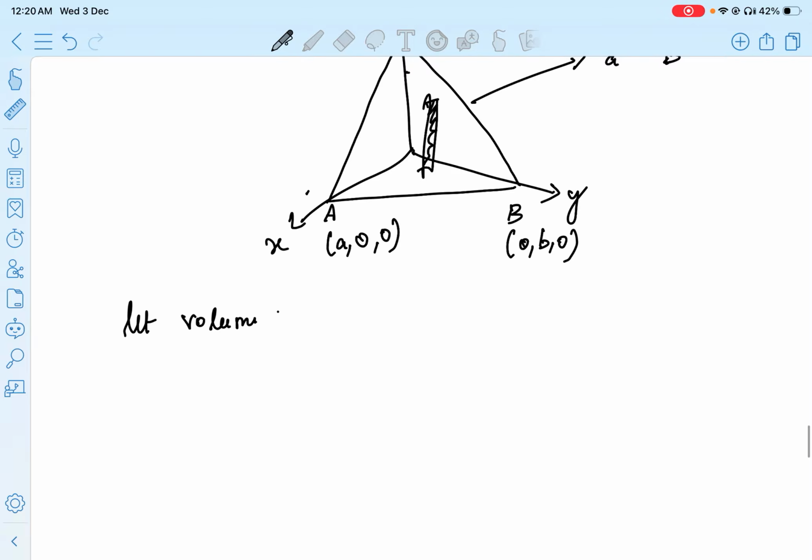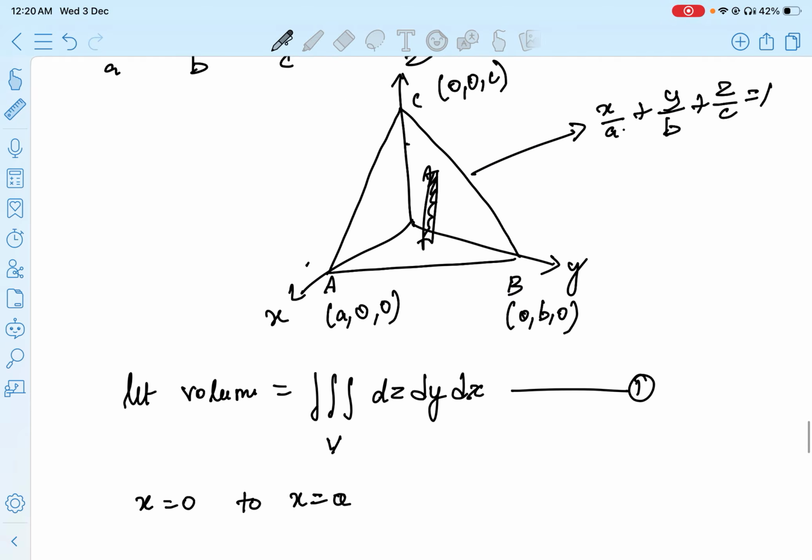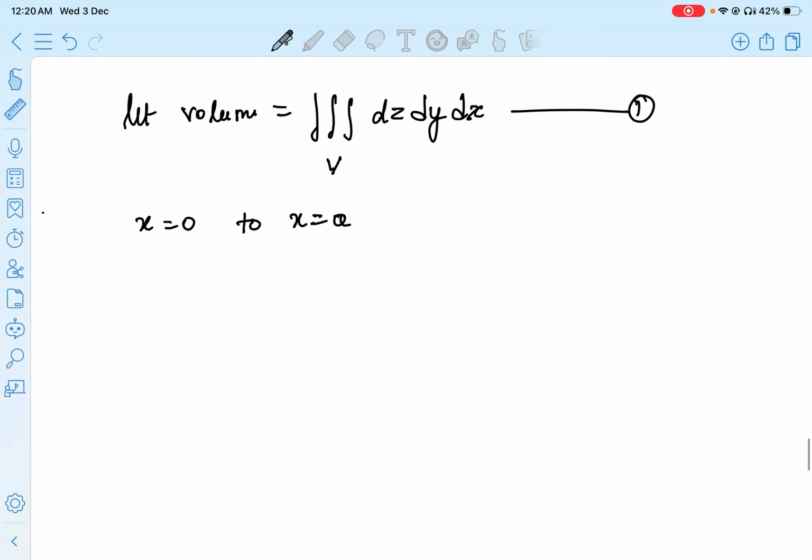Okay. So let us find the volume. Volume equal to triple integral dz dy dx. So what are the limits? Our x is from 0 to a. Using x by a, we found this. From x equal to 0 it will start, and go to x equal to a.